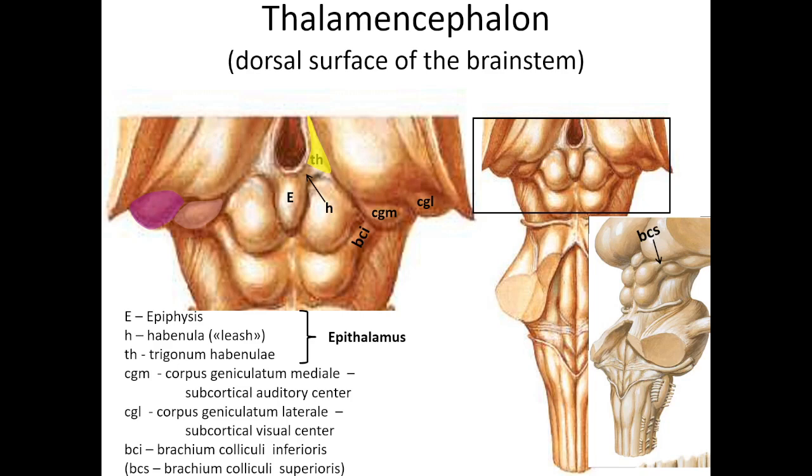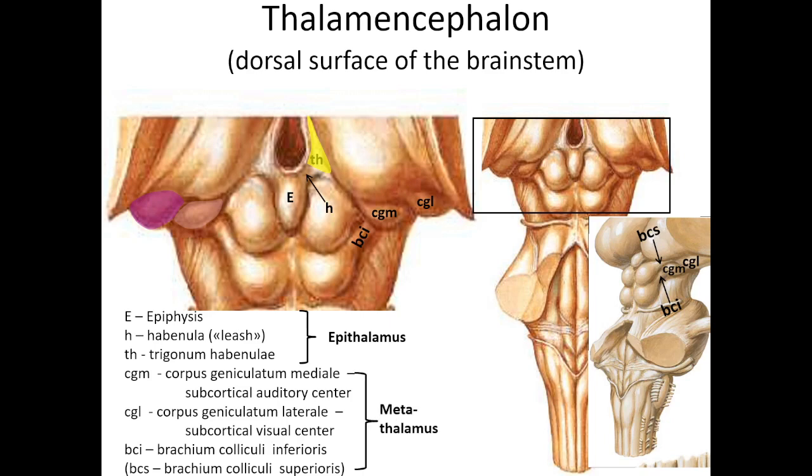BCS is here. It connects colliculus superior and CGL, corpus geniculatum laterale. And here BCI, brachium colliculi inferioris, which connects colliculus inferior with CGM, corpus geniculatum mediale.